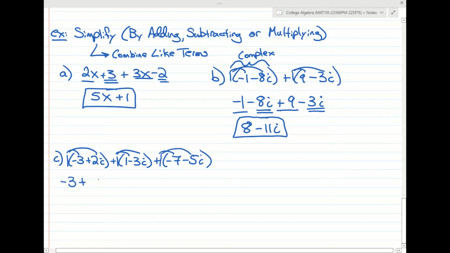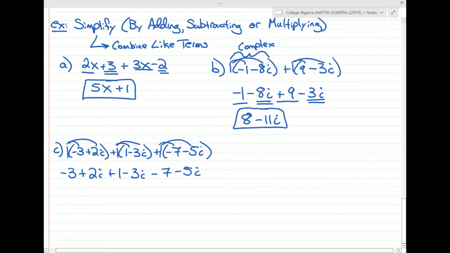And negative 3 plus 2i plus 1 minus 3i minus 7 minus 5i. Negative 3 plus 1 minus 7. Negative 2 minus 7 is negative 9. 2i minus 3i minus 5i is negative 6i.